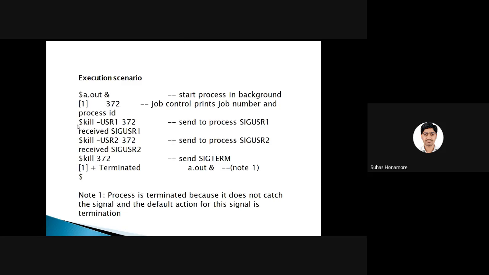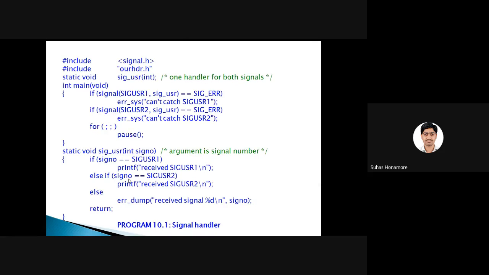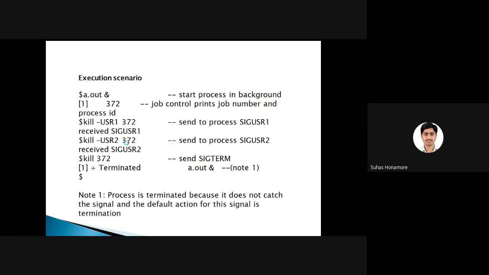In the command prompt, whatever we give as a command, the kill command we are executing, we pass the argument user1, which signal has to be sent to which process, that is nothing but this process, the process id 372. That will receive this user one signal.